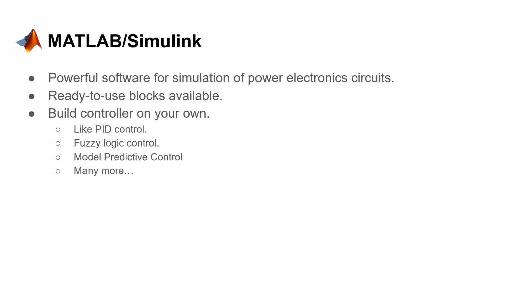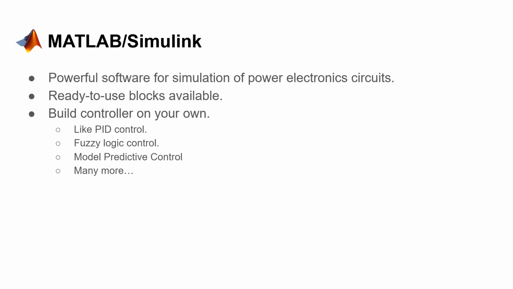This right firing angle can be calculated using a PI controller. Once we get the right firing angle from the PI controller, that firing angle can be passed to the pulse generation block, and from the pulse generation it is fed to the rectifier thyristor modules. With that, you are able to get the controlled voltage.